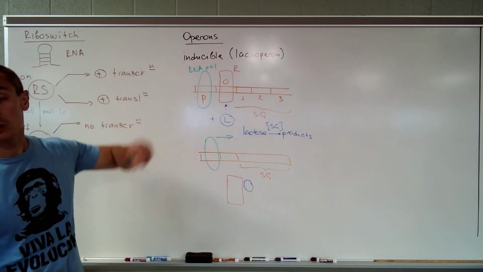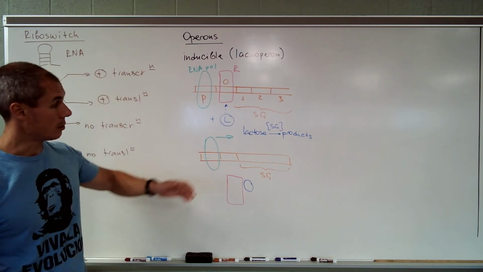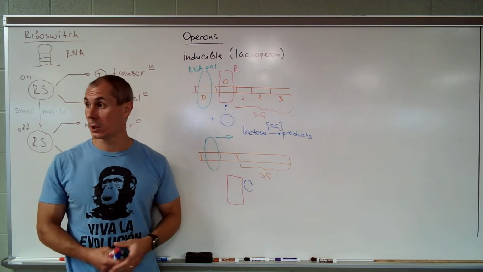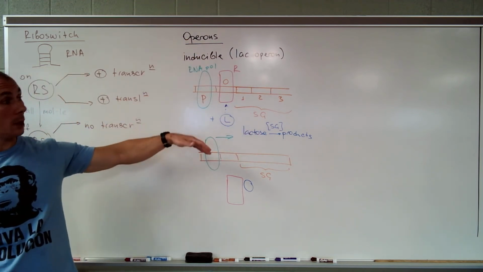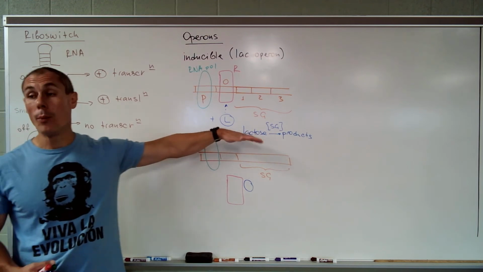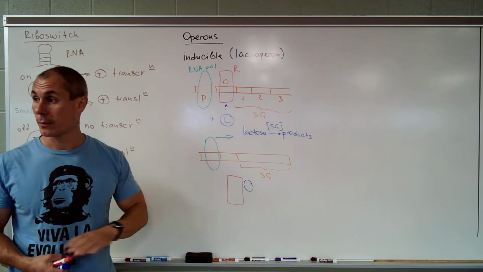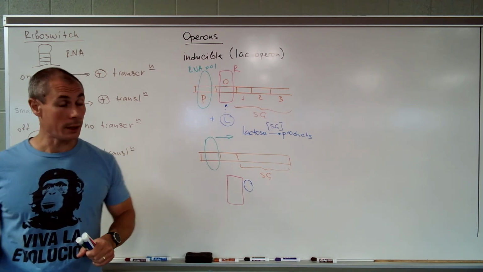So the inducible operon is called, first of all, inducible because lactose induces the expression of the genes. And inducible operons are regulated by the substrates of the relevant enzymatic reactions. We good so far? Okay.